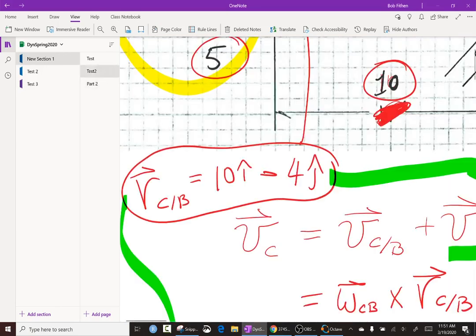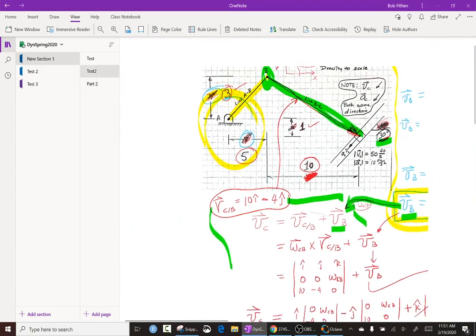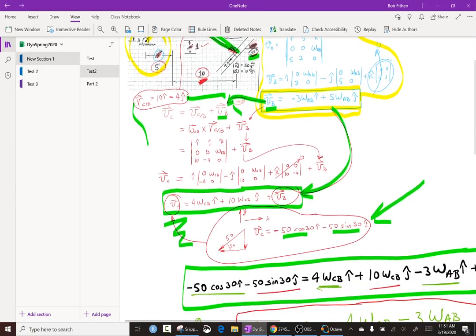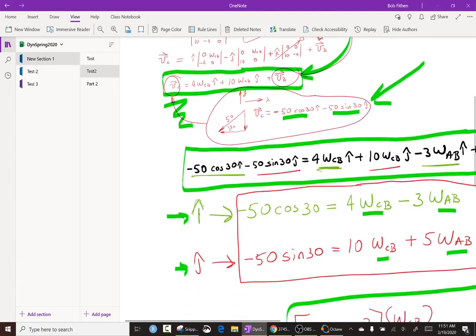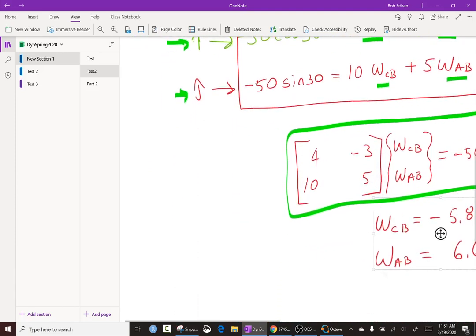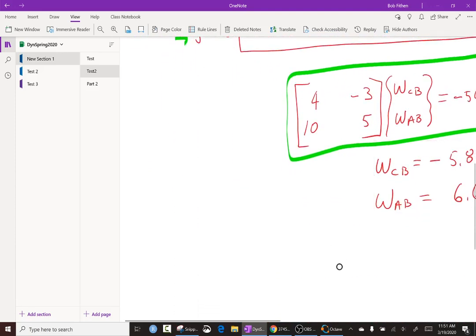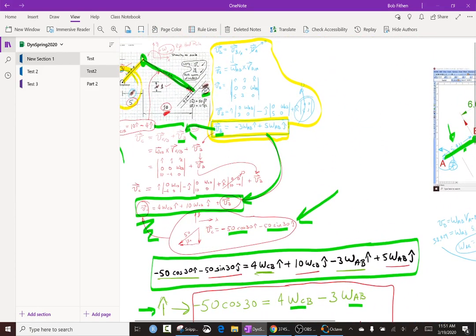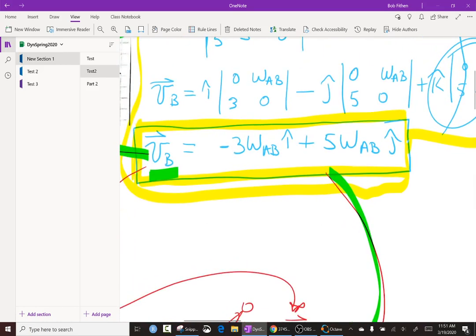The velocity of B can be extracted from the previous problem, and that is after I've determined what my omegas were, there is an equation up here in which the velocity of B looks like that. Okay, I am going to attempt the best I can to select that equation.